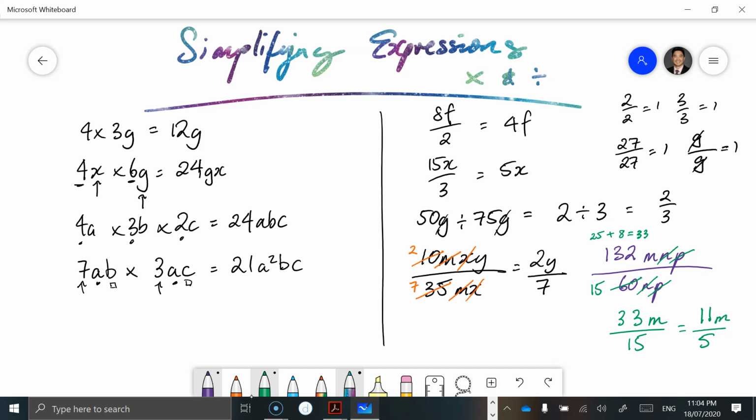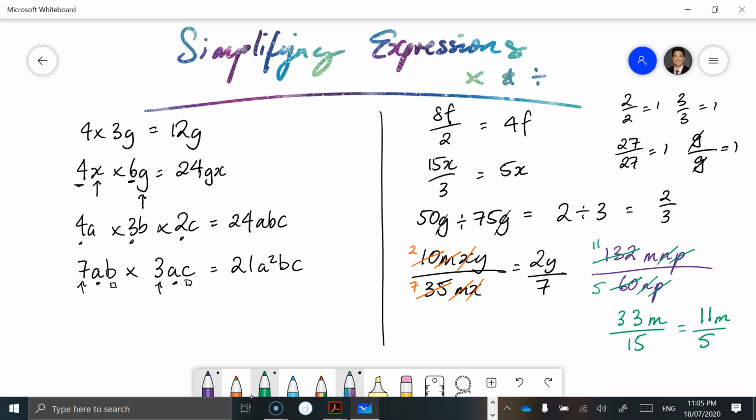Now, what I just realized is that you could divide 60 by 12, which will give you your 5. And you could also divide 132 by 12, which gives you your 11. So, like I said, your timetables is really important.